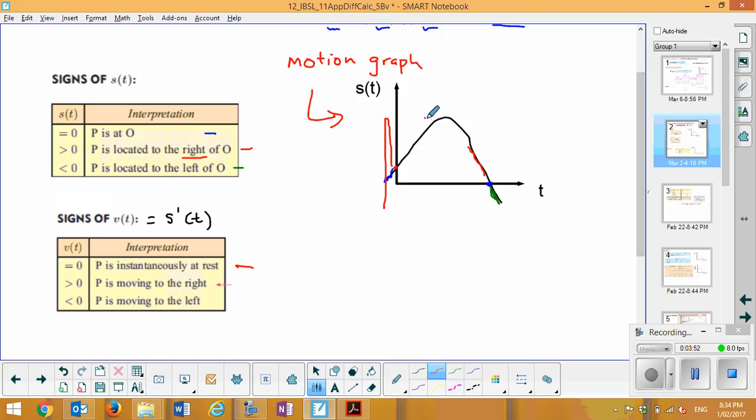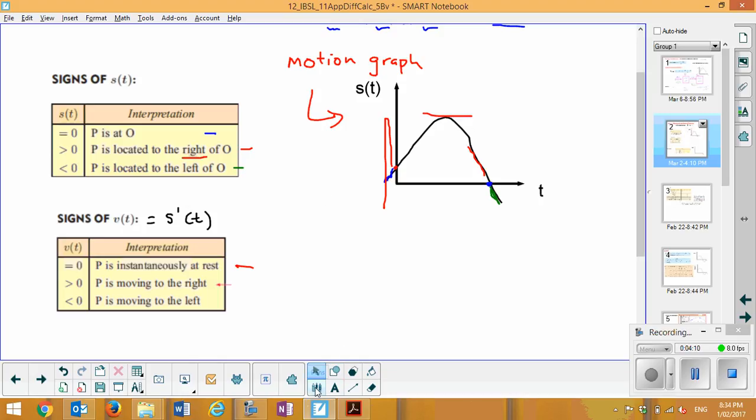We come across here, and that should line up nicely. That's the maximum there. So that's where our velocity is equal to 0. The slope of the tangent is 0.